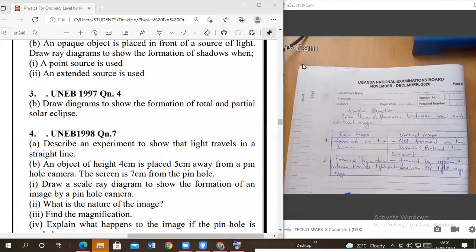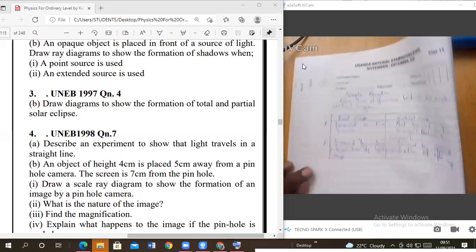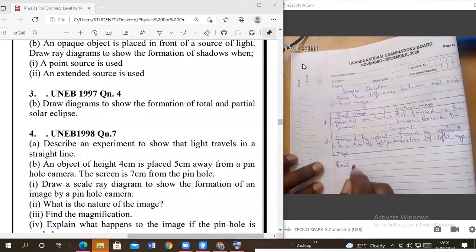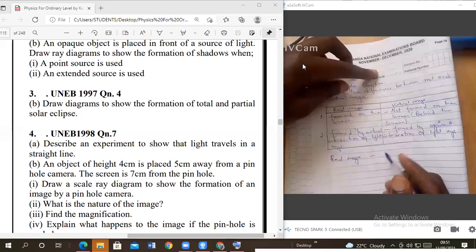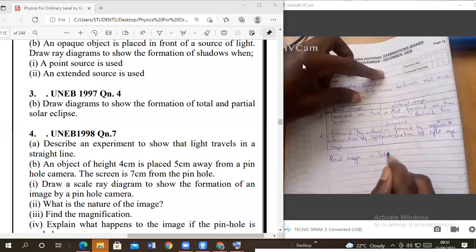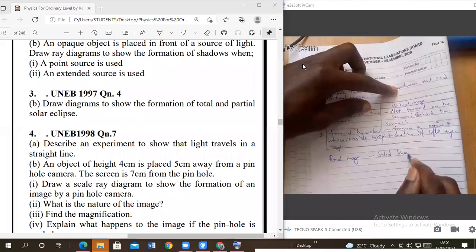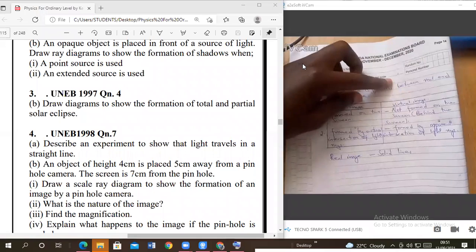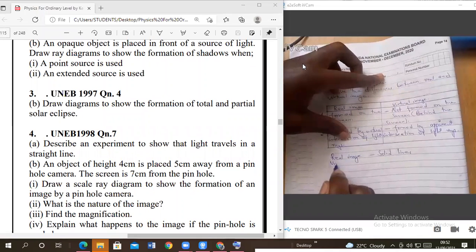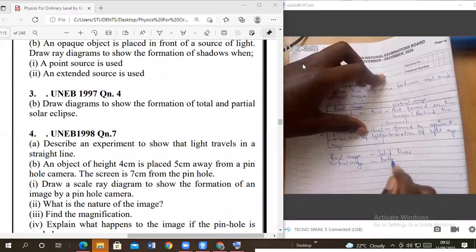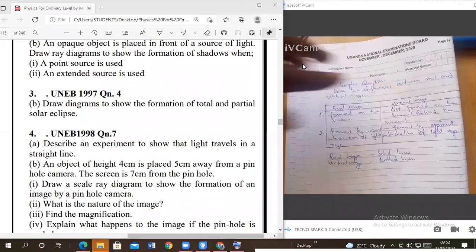How do you know that the image formed is real? If you are using a ray diagram, for a real image we use solid lines. Then for a virtual image, the rays are drawn using dotted lines.